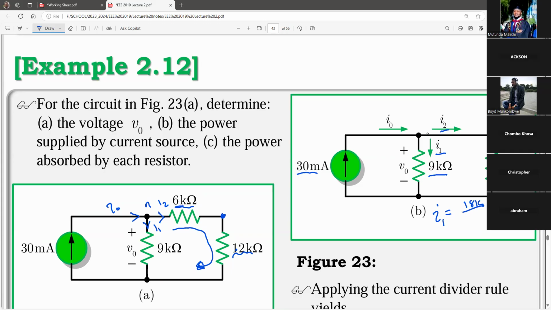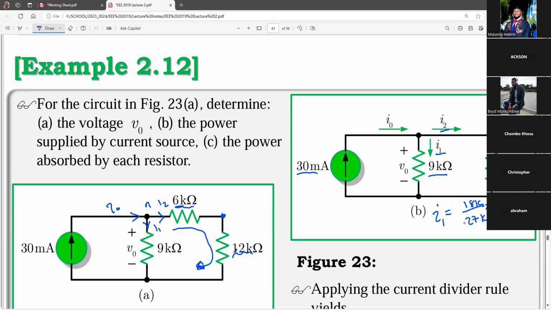So it will be 18 plus 9, which should give us 27K, multiplied by the 30 milliamp. Okay, so that's how you would determine I1.